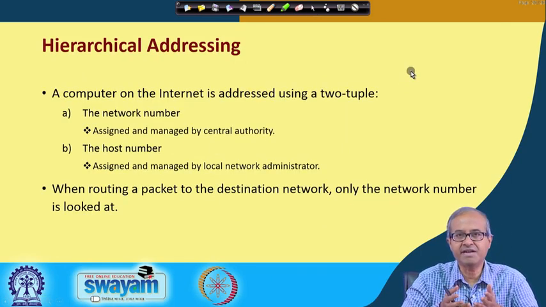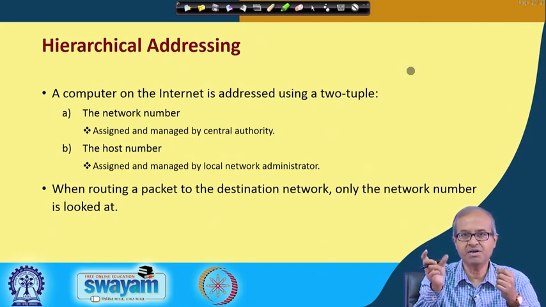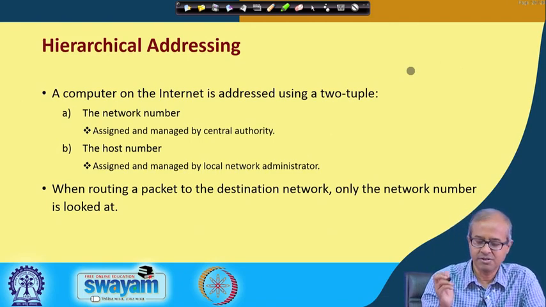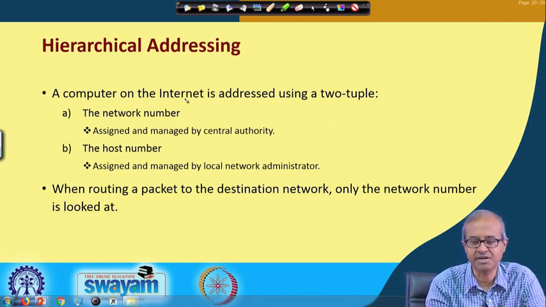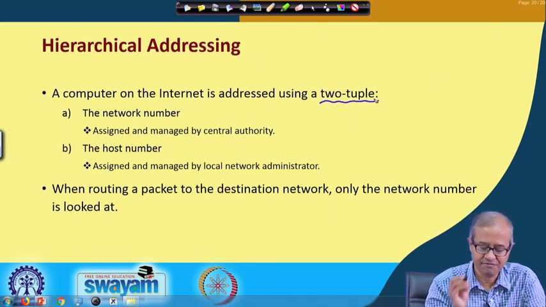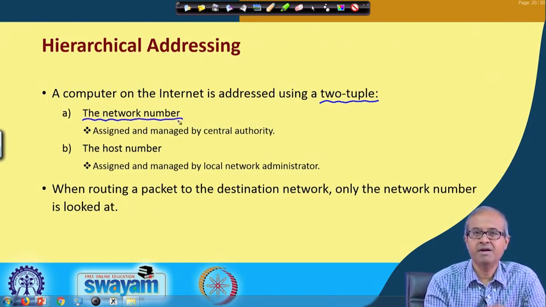Now, this hierarchical addressing I have already talked about: the way we address a computer is in two parts, the address of the network and the address of the host. So, I am just repeating it again. Every host or computer that is connected to the internet is identified by a two-tuple. The first one I mentioned already, the network number. Network number has to be unique.